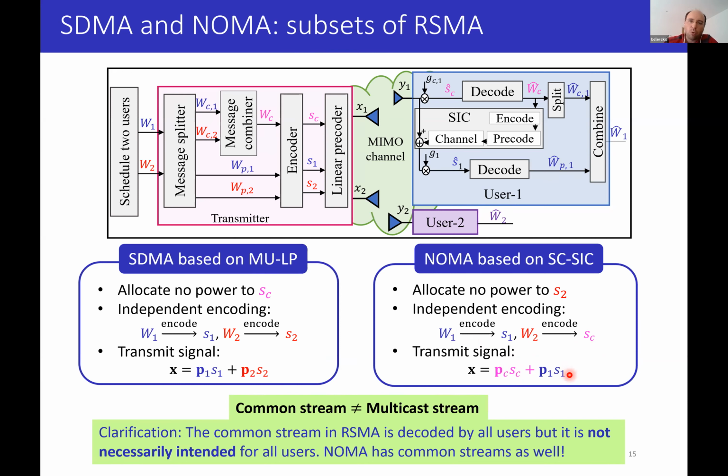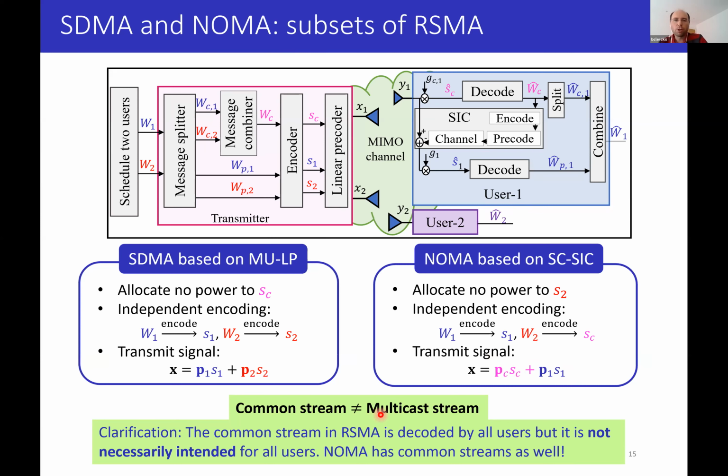And so in NOMA, we have a common stream as well. A common stream is a stream that is not necessarily intended for both users, but has to be decoded by both users. And this is exactly what we have in NOMA. SC is decoded by both users, but the content of SC here is intended for user 2 only. Nevertheless, user 1 will still decode it.